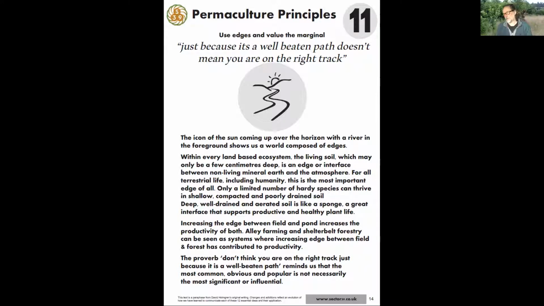I'm just going to pause because there's something I just wanted to add into that. There's a couple of very, very important thoughts there. One is not everyone agrees with the statement. I understand what David is saying here, and I think he is making an important point when he says that an edge between the non living mineral earth and the atmosphere, the sort of the living, breathing part. Well, maybe the mineral part of our world is also a living component in a certain way, and certainly within the mindset of many First Nation people, they see everything is part of life.